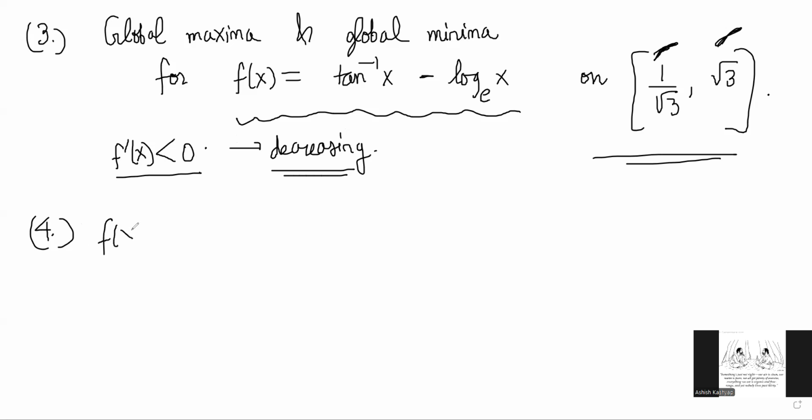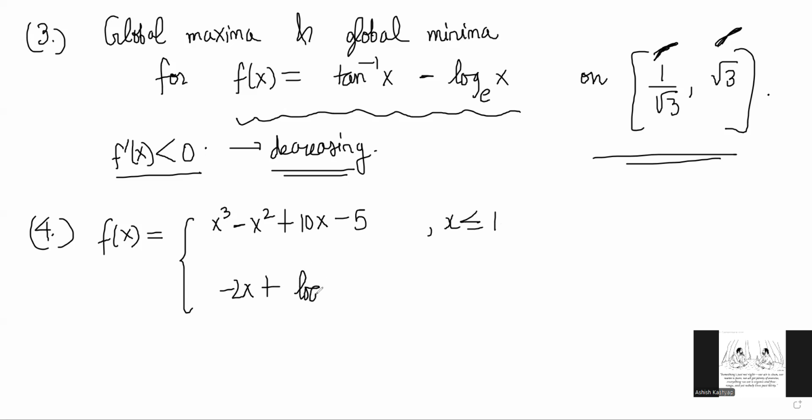f of x is given by this function x cube minus x square plus 10x minus 5 for x less than equal to 1, and minus 2x plus log base 2 b square minus 2 for x greater than 1.